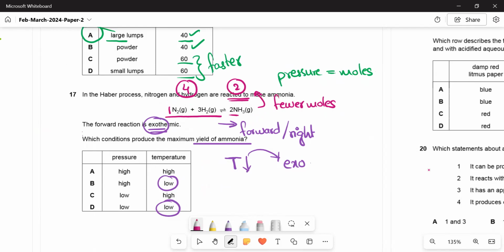So obviously we will increase the pressure, because whatever we do, the system will do the opposite. So if we increase the pressure, the system will move towards the side with fewer moles, because with fewer moles there will be less pressure also. So we'll increase the pressure, so the system will move towards the low pressure side or fewer mole side. The answer will be B.